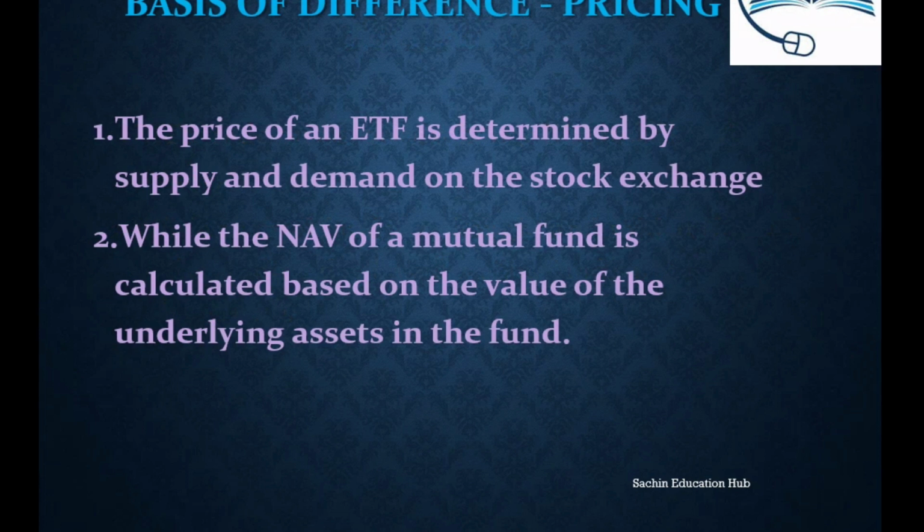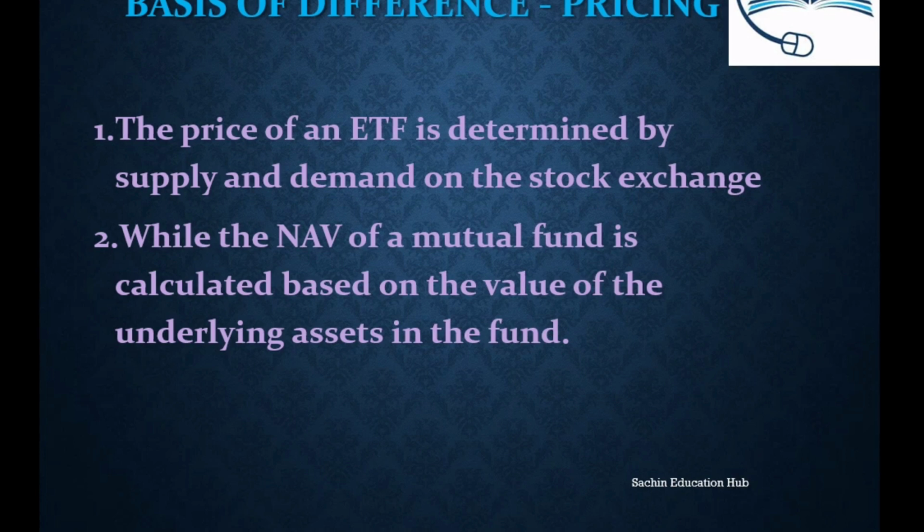But if we talk about the mutual fund, then there is no such price. Here there is the NAV, the net asset value, which has to be calculated, and it is calculated on the basis of the underlying assets.